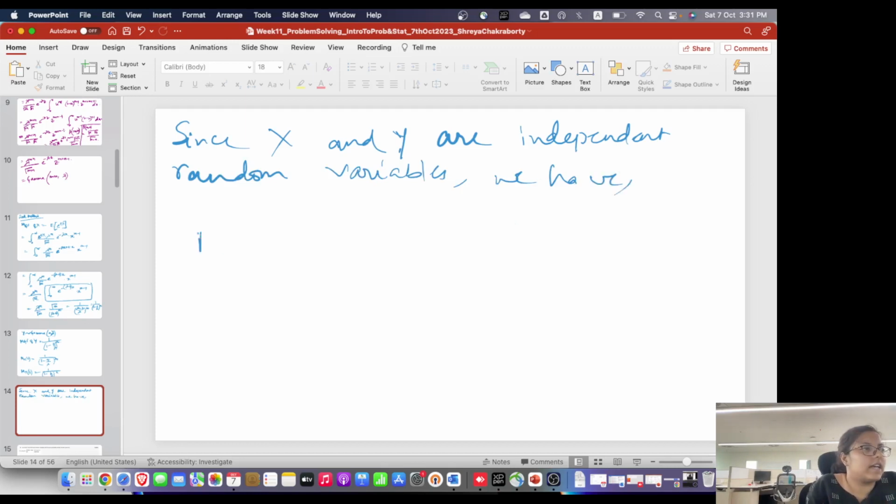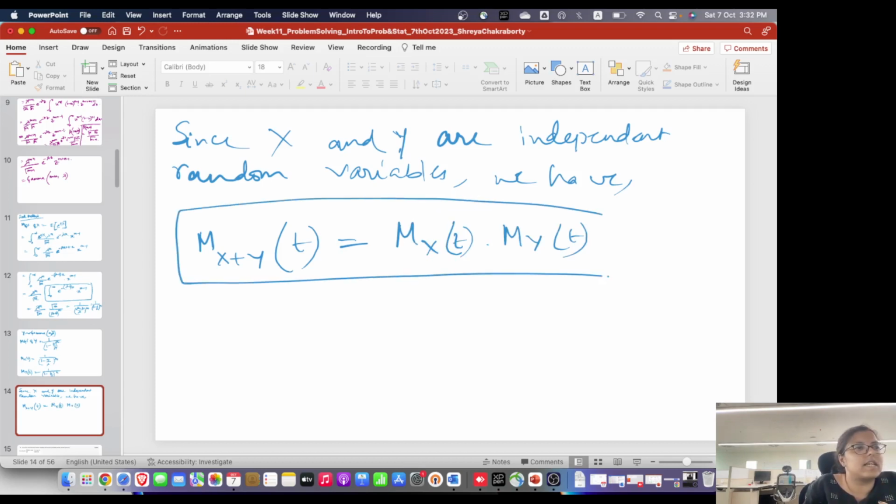We have M x plus y of t, the moment generating function. If it is a plus thing, then this can be written as Mx of t into My of t. Okay, this is an important result that we should keep in our mind.